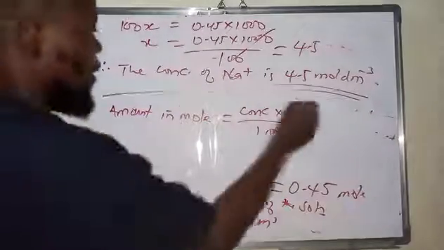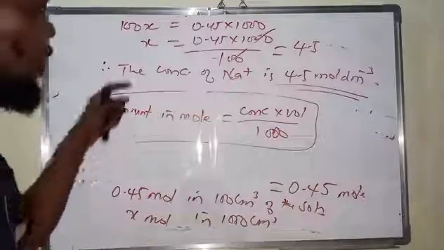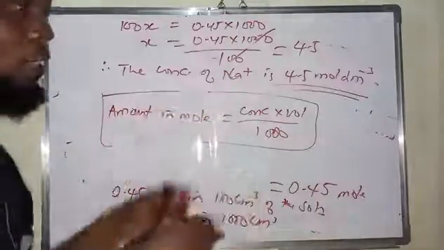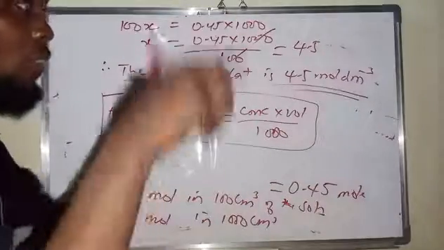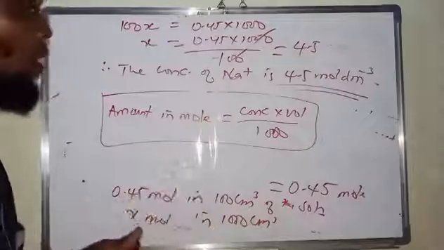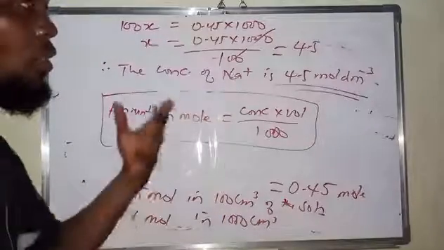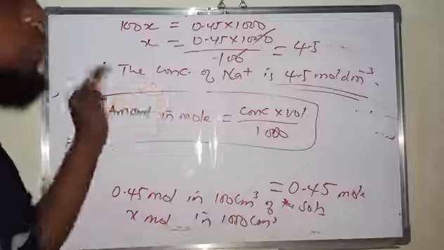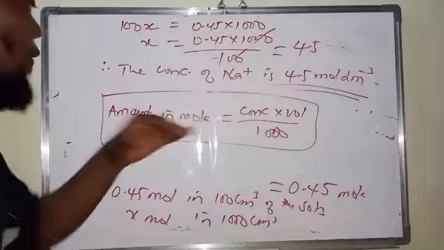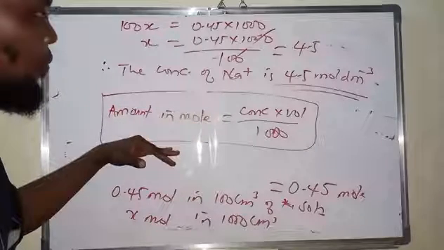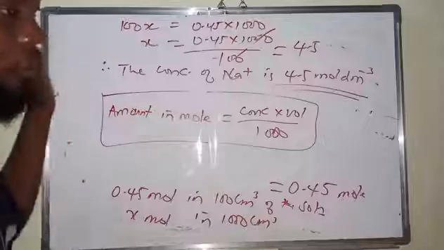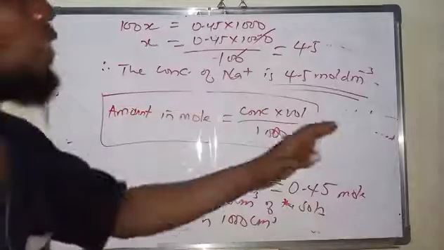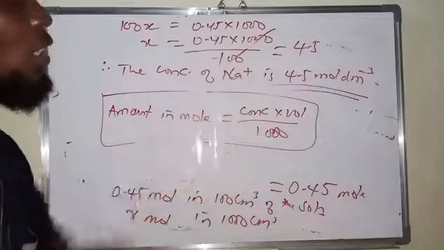So this is a formula you have to know. So after knowing the amount in mole of the entire solid, then from the equation you know the number of moles of sodium ion it gives if it ionizes. So if 1 mole from that equation gives that amount, then what will this amount give?